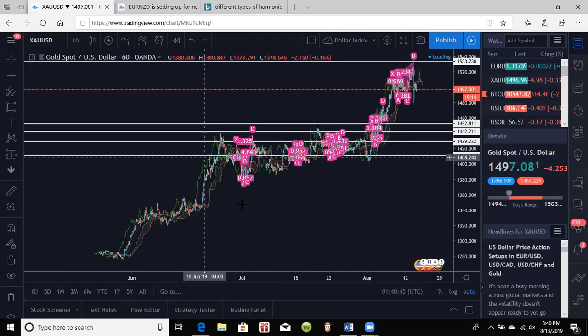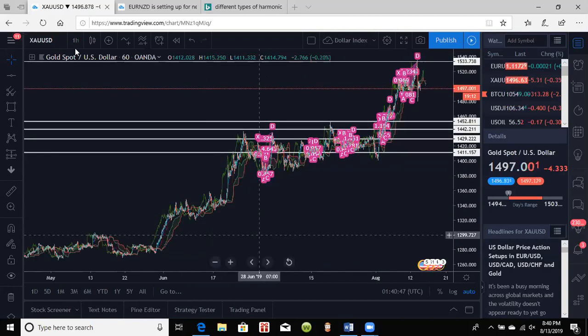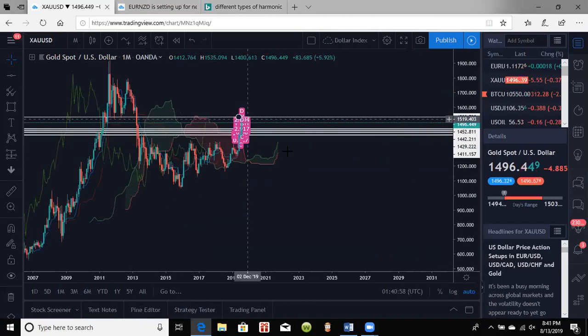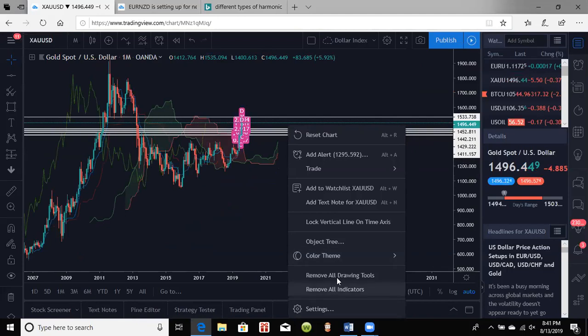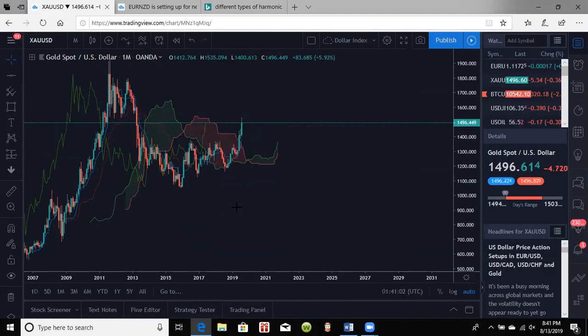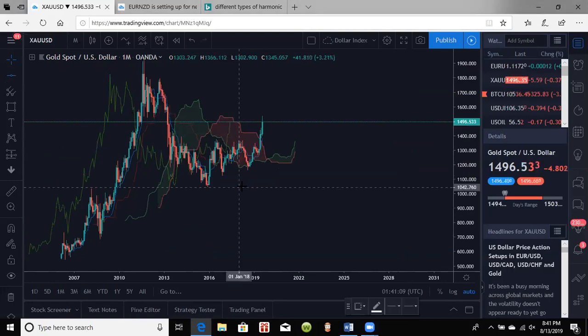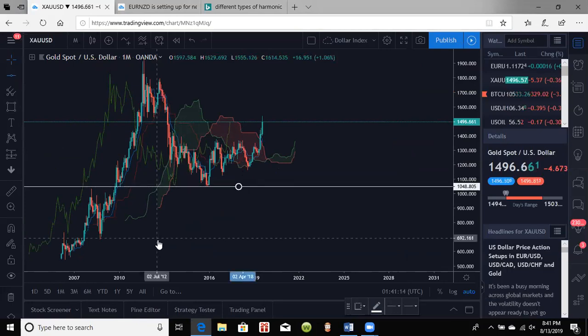And then you can pull, so let's see if I can go to the month, right? So let's just remove all drawing tools, right? So gold, let's just drop some regular support and regular resistance, right? This is on the monthly chart, right?